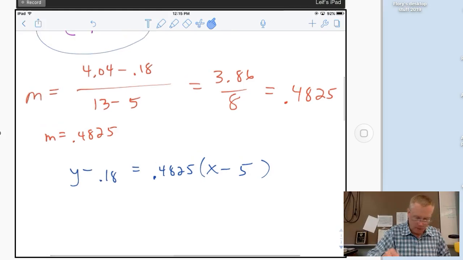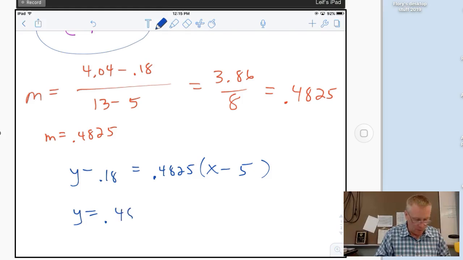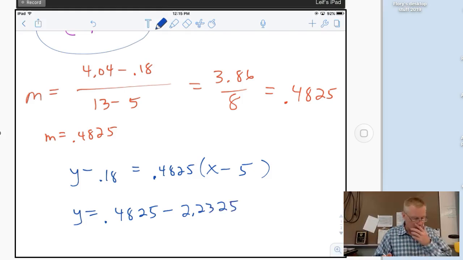And then if I quickly switch this to distributive property, bring everything to one side, I get y equals 0.4825x minus 2.2325. So that's the equation you get when you multiply out, do distributive property, bring everything to one side.